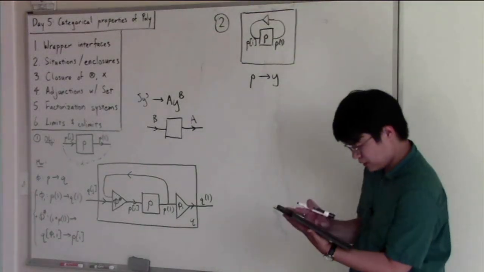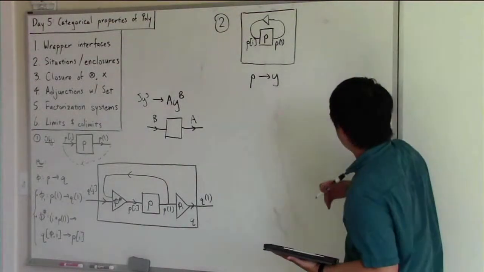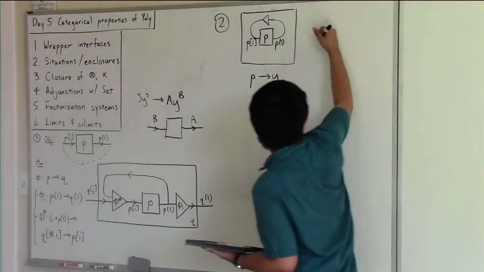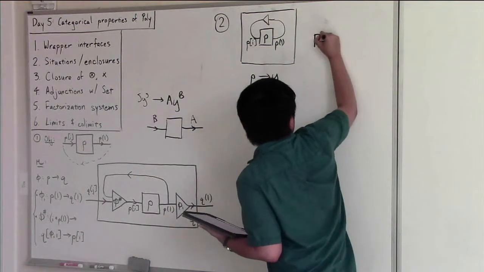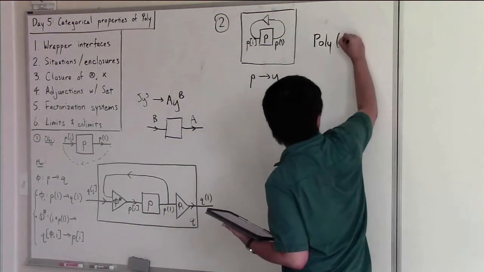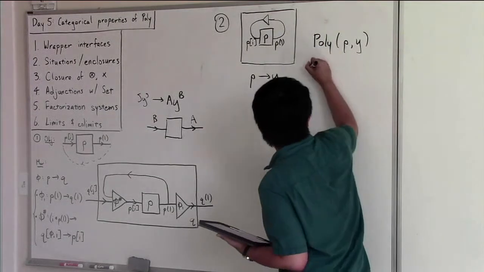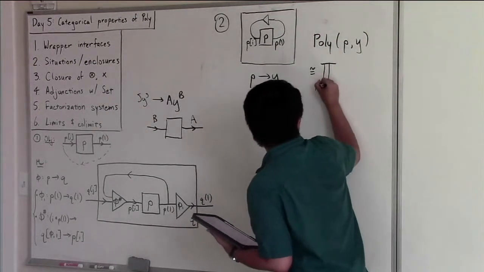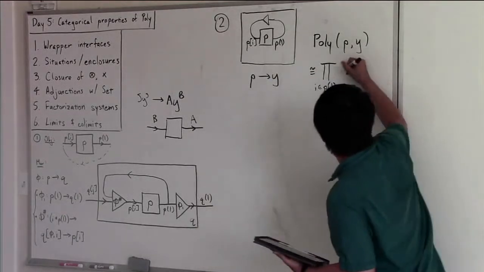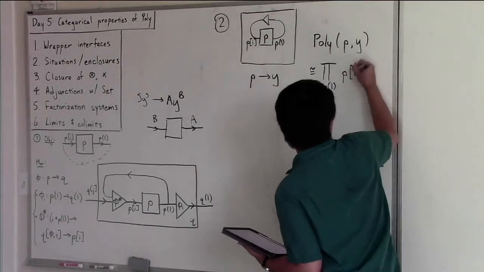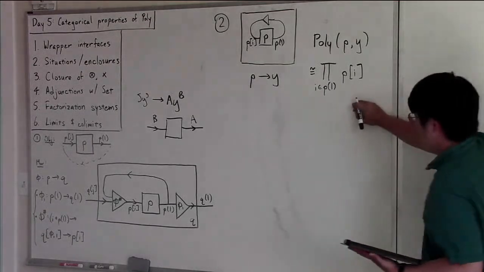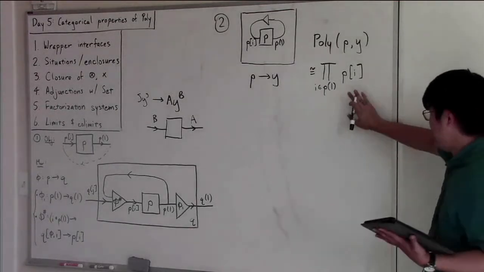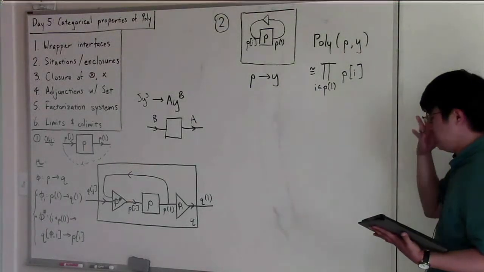Yeah, and so we can think about what this kind of thing really is, right? Maps in Poly from p to y are just assignments: for every element of p(1), we give it an element of p bracket I, and we can think of that as this kind of dependent product here.